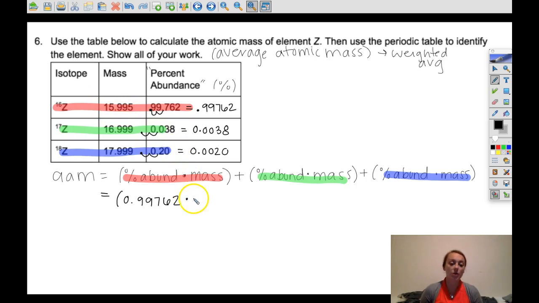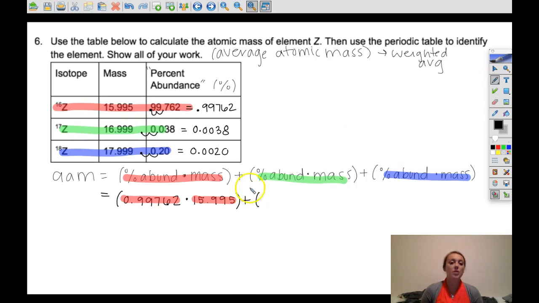When in doubt, always use the more precise or accurate number. So instead of 16, we're going to use 15.995. So this number that I just highlighted is my percent abundance as a number.